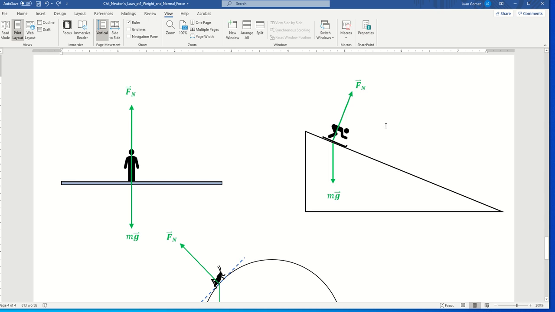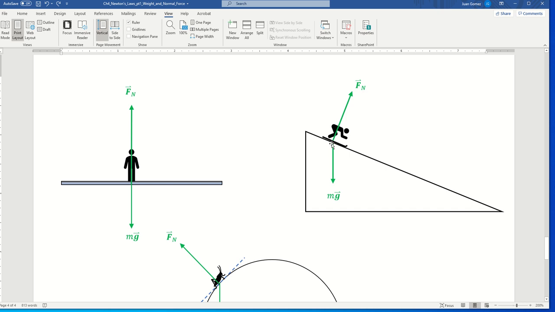Now let's look at the second example. Again, the person on the incline. And notice I've drawn mg because it's a good habit to get into, to draw all the forces that we understand. Well, again, mg clearly in the negative y direction. Now notice the surface in this case is the incline, the ramp, the hill. Well, object in contact with a surface, Fn.